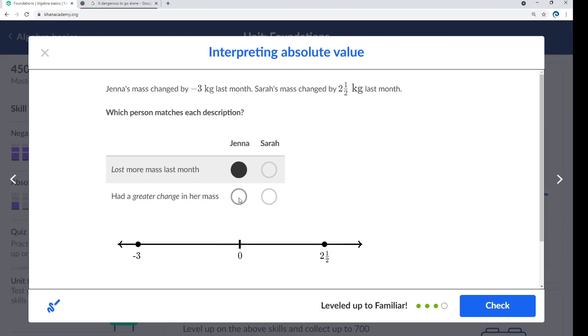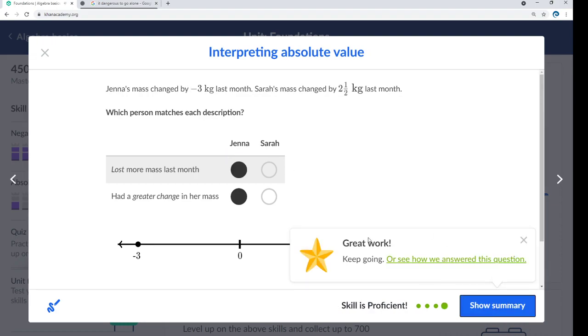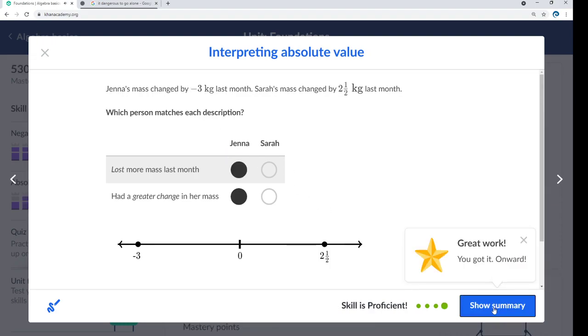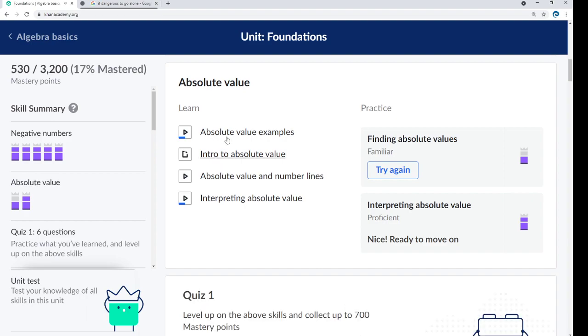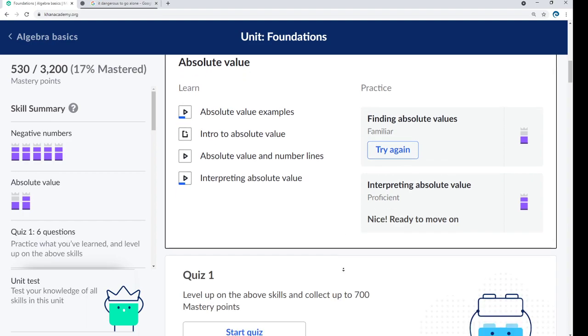Who had a greater change in mass? That's also Jenna. 3 is greater than 2.5. So, let's check it out. Hey, showing the summary. Cool beans, interpreting absolute values.